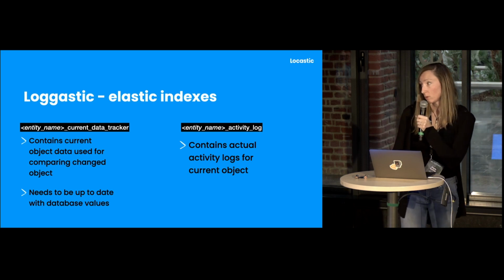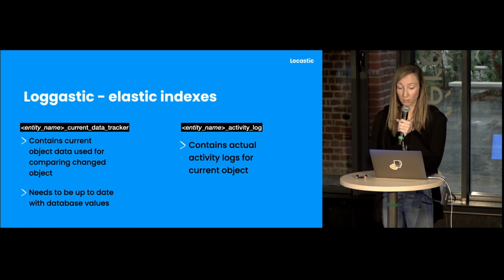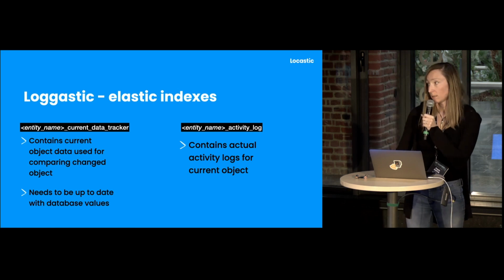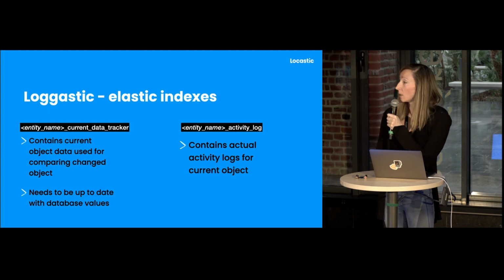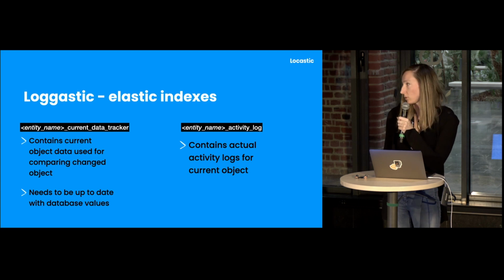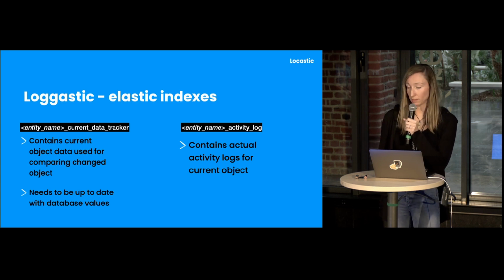It also needs to be changed on each data change, so it basically needs to be up to date with our database at all times. And the second one is the activity log, which contains the actual logs. So for each loggable entity that we have, we need to have those two indexes in Elasticsearch.